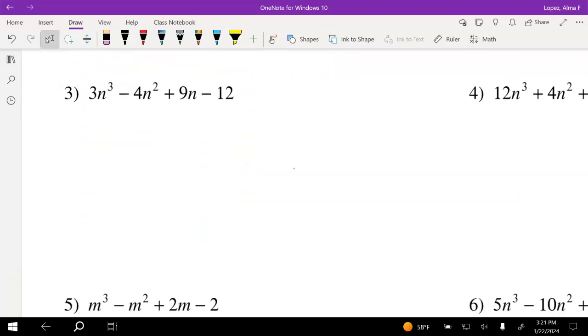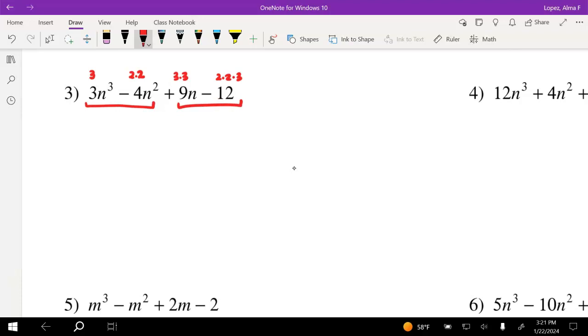For number 3, I'm going to write down the prime factorization of each number above it. Feel free to pause the video so that you can get the prime factorization done on your own. Now, they don't have anything in common all the way across, as we discussed in class, so we're going to go ahead and block them off into 2 groups.